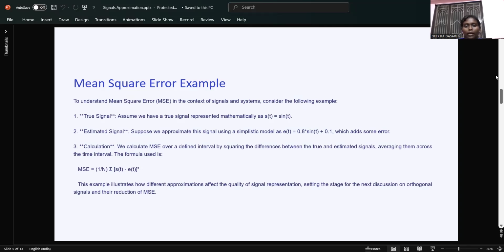We can calculate the mean square error by using the formula 1 by n summation of (S of t minus E of t) whole square. This example illustrates how different approximations affect the quality of signal representation, setting the stage for the next discussion on orthogonal signals and their reduction of mean square error.